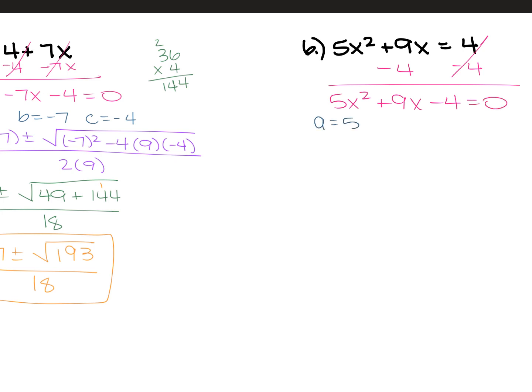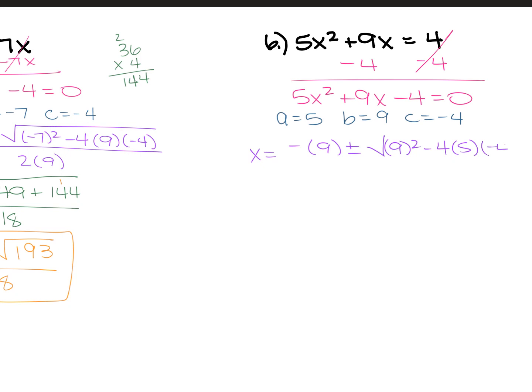A is 5, B is 9, C is negative 4. So this is going to give us x is equal to the opposite of 9 plus or minus the square root of 9 squared minus 4 times 5 times negative 4 all over 2 times 5.